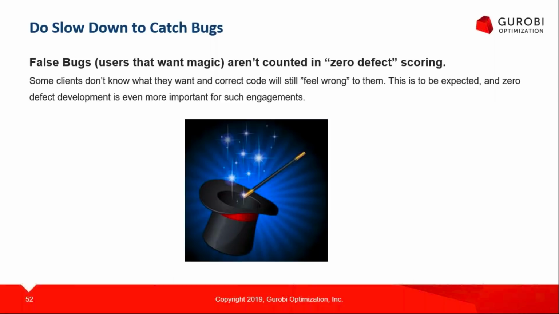Okay, so I've been going on and on about how, don't release bugs, they're bad, put extra effort into not releasing bugs, zero defect software development. It's important to point out that with optimization, the clients are particularly prone to not knowing what they want, right?